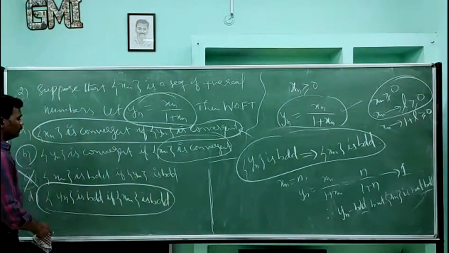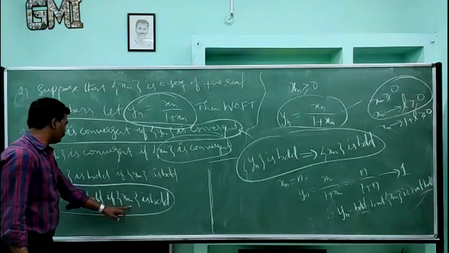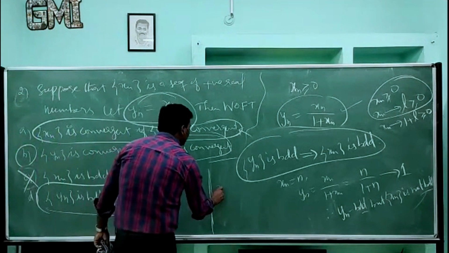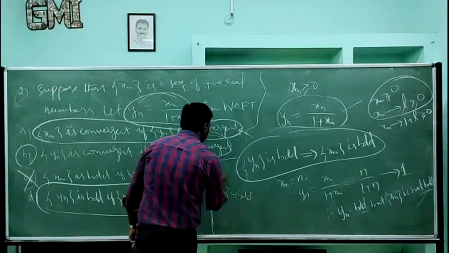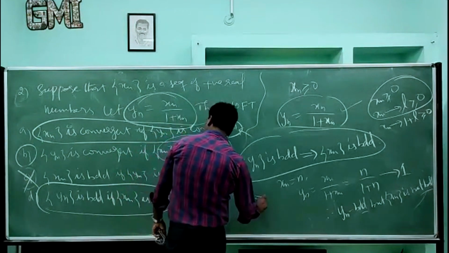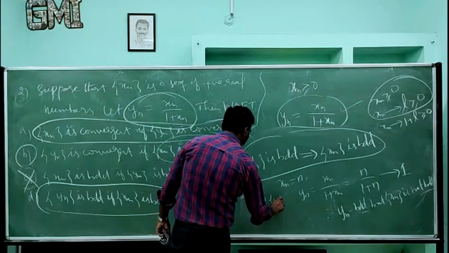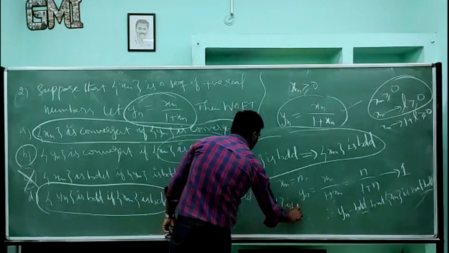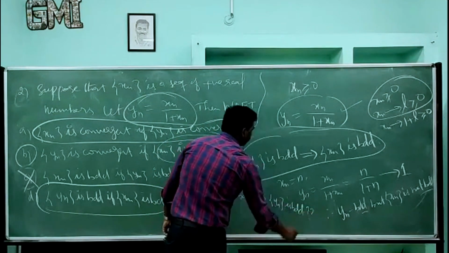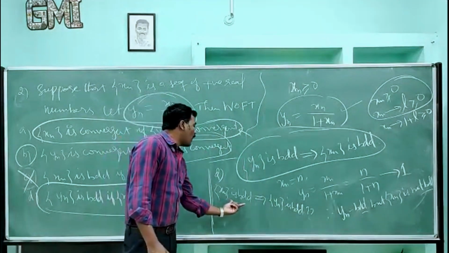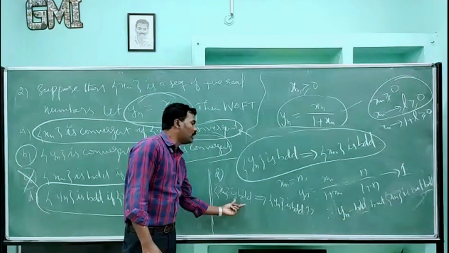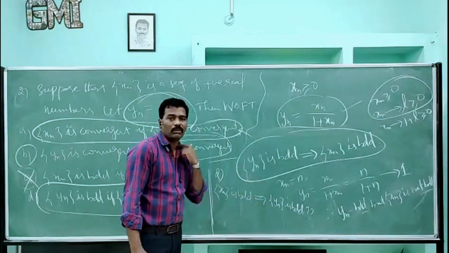What about option D? What is the meaning of option D? Given xn is bounded, option D says xn is bounded, which implies yn is bounded. What is your guess? You have to assume xn is bounded and show yn is bounded.